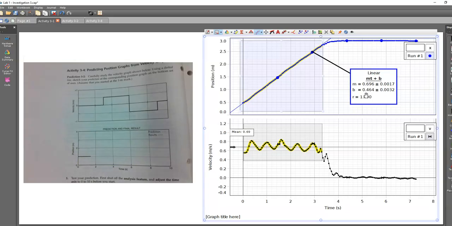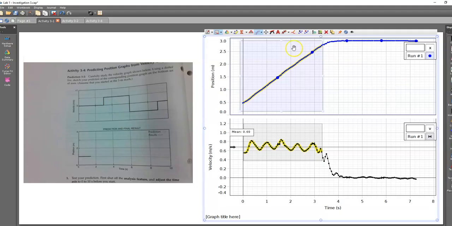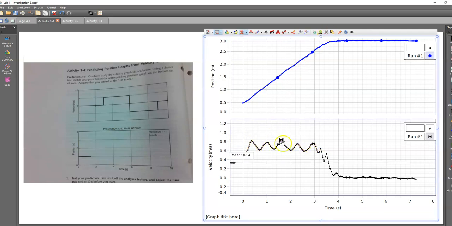Given that velocity graph, what does the position graph look like? All right, so draw your prediction on the prediction graph on page 18.